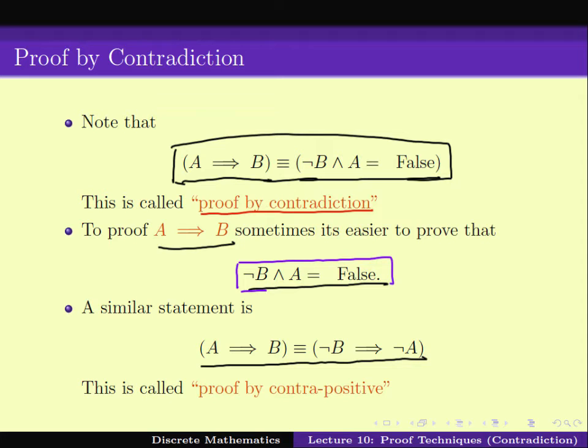So in this video, we will be looking at the proof by contradiction, where we will be using not B and A is false to prove some statements. It is a very powerful proof technique, and we apply it quite a lot in our various mathematical proofs.